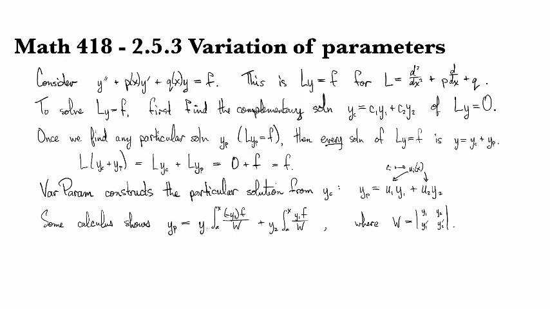So the key thing to take away from this is that the general solution is c1y1 plus c2y2 plus something involving integrals of the parts of your complementary solution.